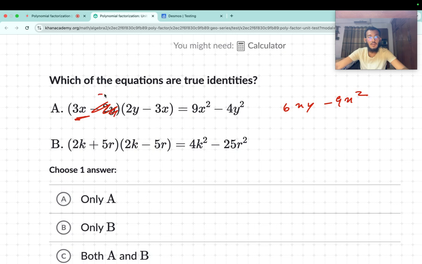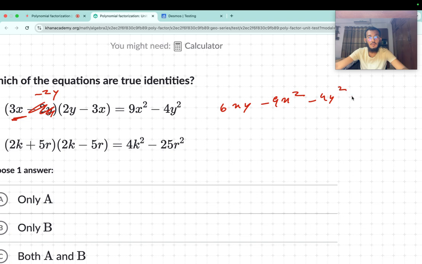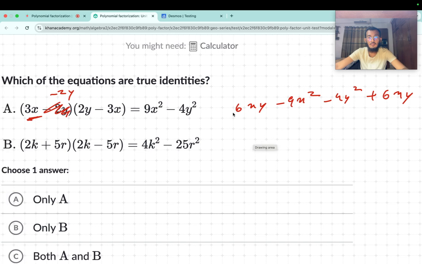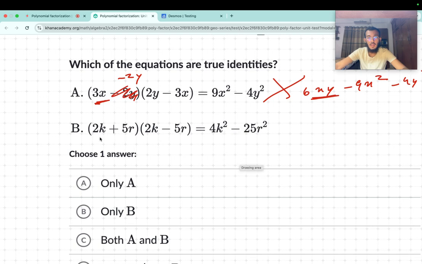And now the time for negative 2y, so negative 4y squared positive 6xy. The 6xy terms don't cancel out, so it is not the case. A plus b, a minus b, a squared minus b squared, so b only.